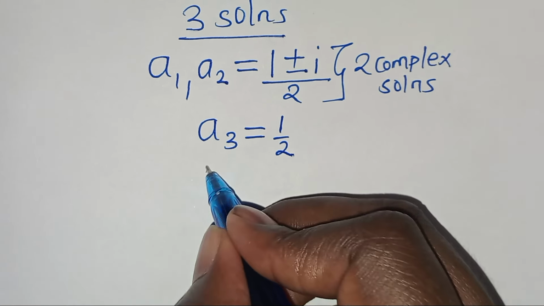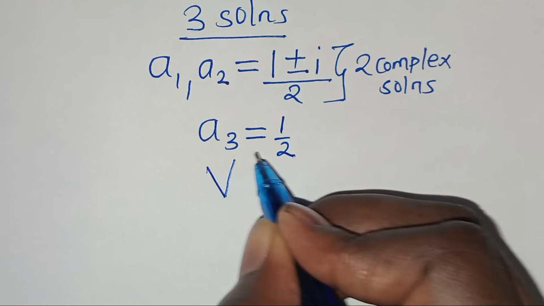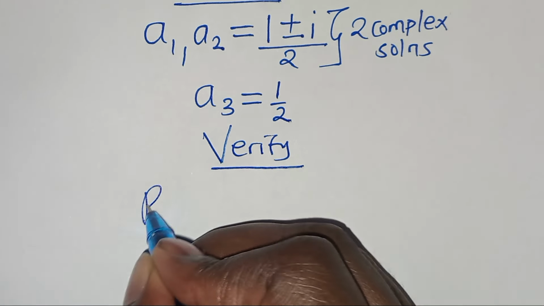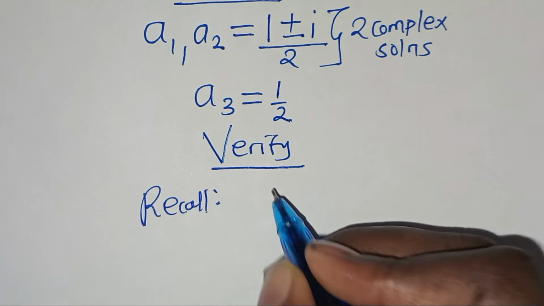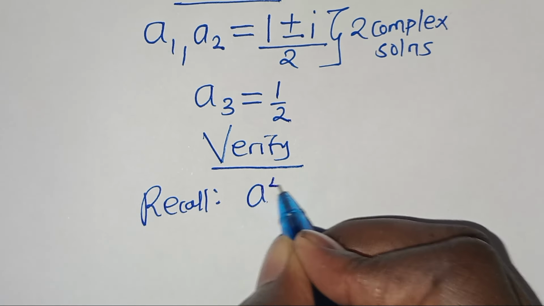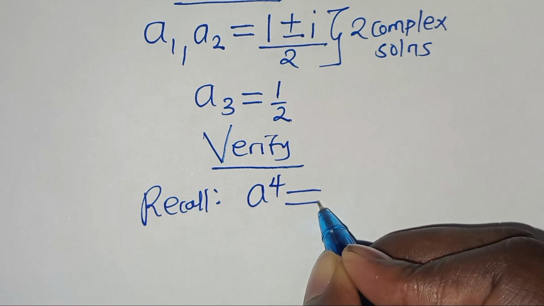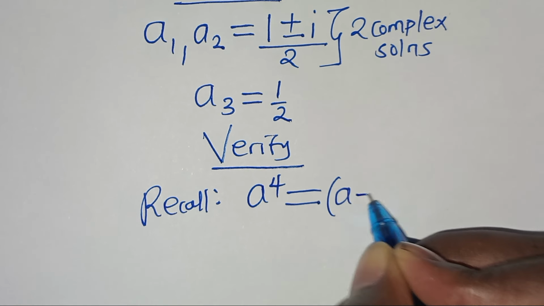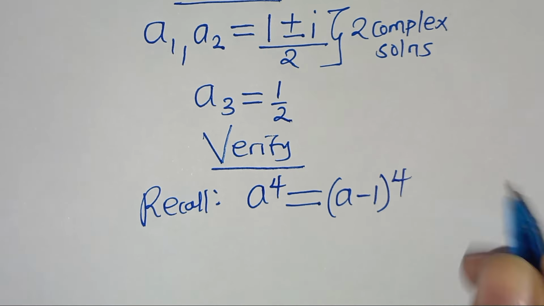Now let's verify that this a3 satisfies the equation. If you recall, we have that a to the power of 4 is equal to (a minus 1) raised to the power of 4.